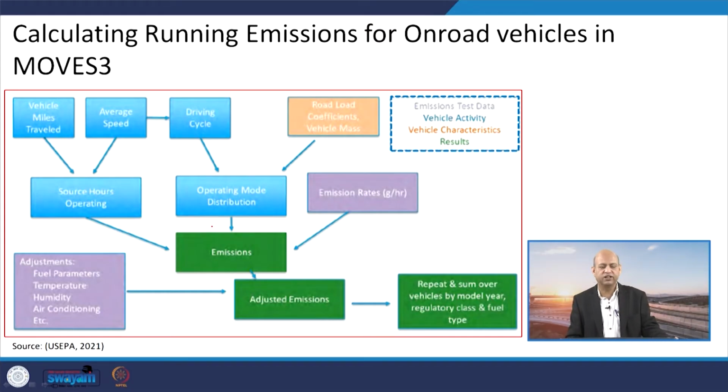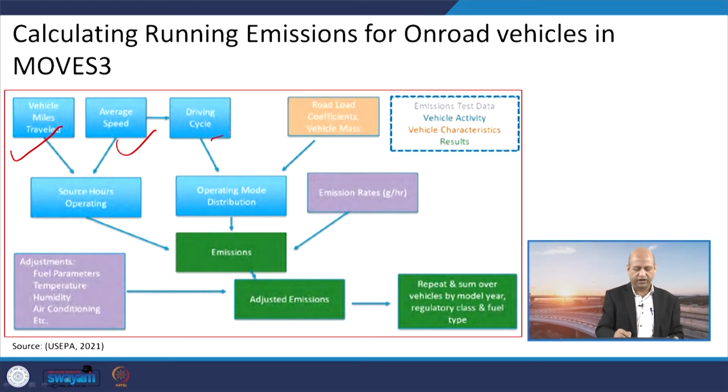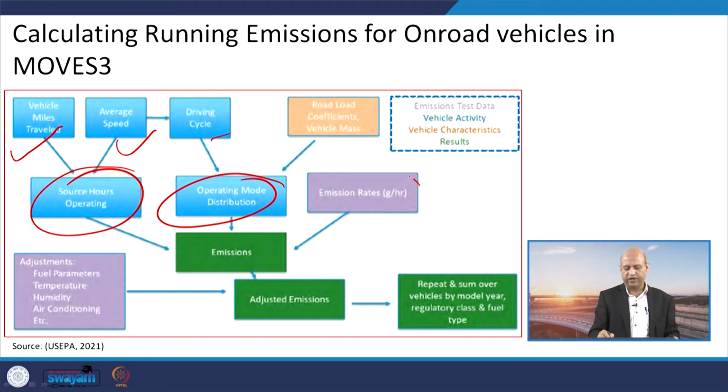This flow chart gives an idea about calculating the running emissions for on-road vehicles by the MOVES 3 version: vehicle miles travelled, average speed, driving cycle, source hours operating, operating mode distribution, and emission rates. Ultimately they give emissions, which are then adjusted by correction factors.